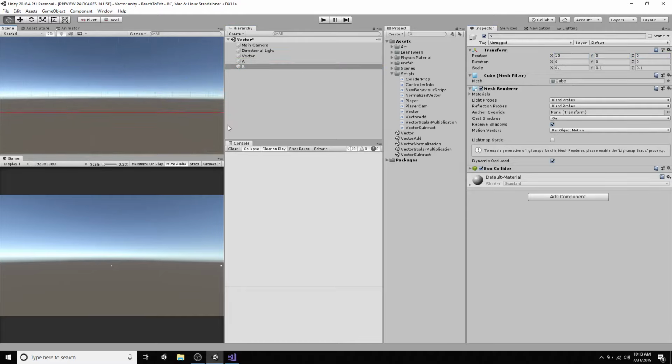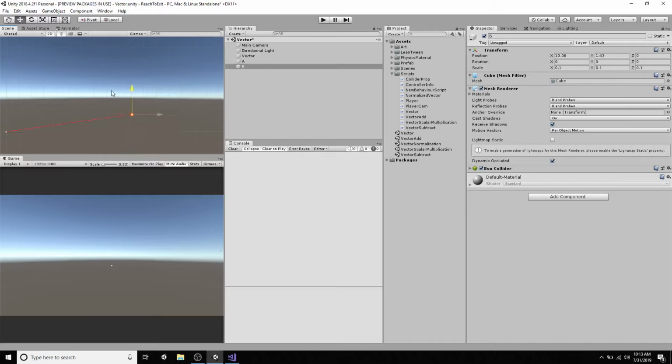Now from A to B we draw one straight line. This is A, and we draw a line from this point to this point. Whenever I adjust this B game object, either moving left or right, you can see it changes.